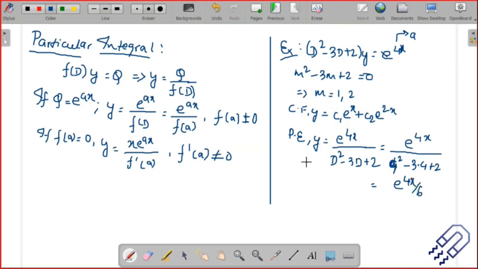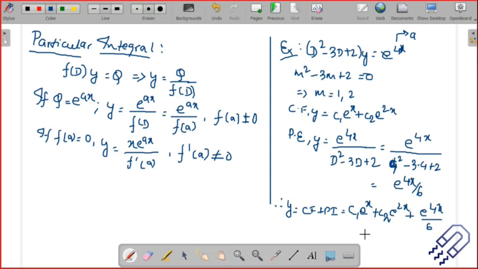So now the complete solution of this particular problem would be y is equal to complementary function plus particular integral, which is equal to c1 e to the power x plus c2 e to the power 2x plus e to the power 4x divided by 6. Okay, so this is the solution for this problem.